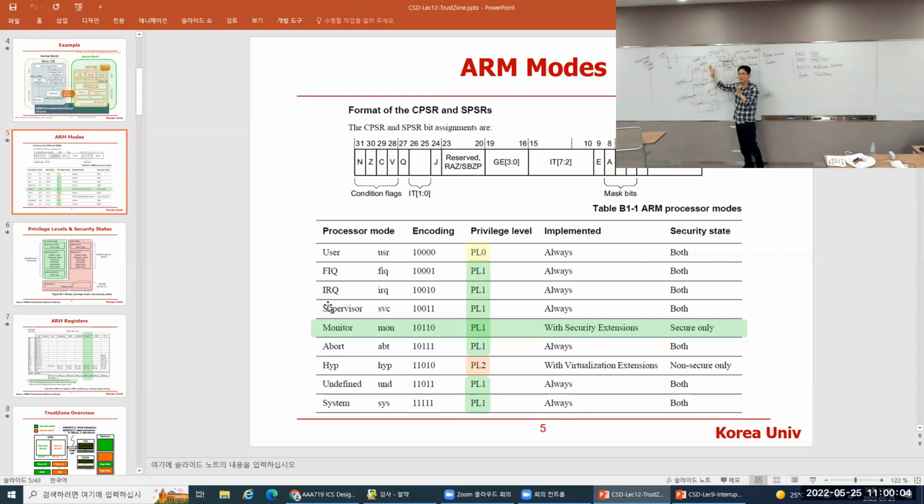But the thing is, that is not the recommended way of world switching. It is not recommended to use the MCR instruction to simply change that bit. Because think about that. World switching, why do you want to do world switching? It is like one more big picture.